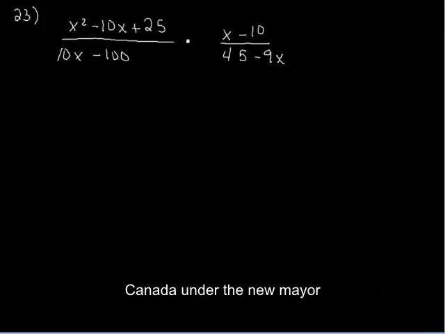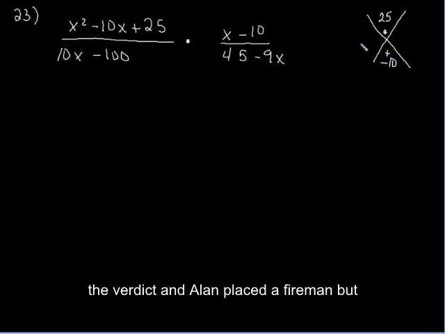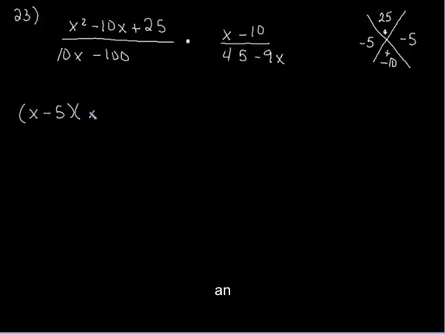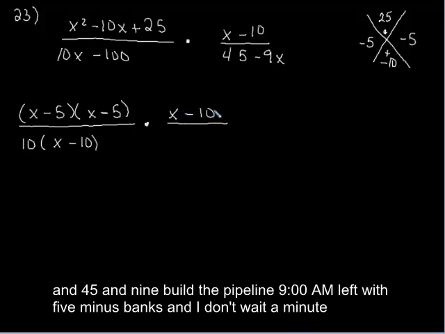Okay, I'm going to factor the numerator. It's a trinomial, so I'm going to use my big giant X. But I've already done that one twice today, so I remember it. Okay. 10 and 100 both divide by 10. And then 45 and 9 both divide by 9, and I'm left with 5 minus x. And then I go, wait a minute.